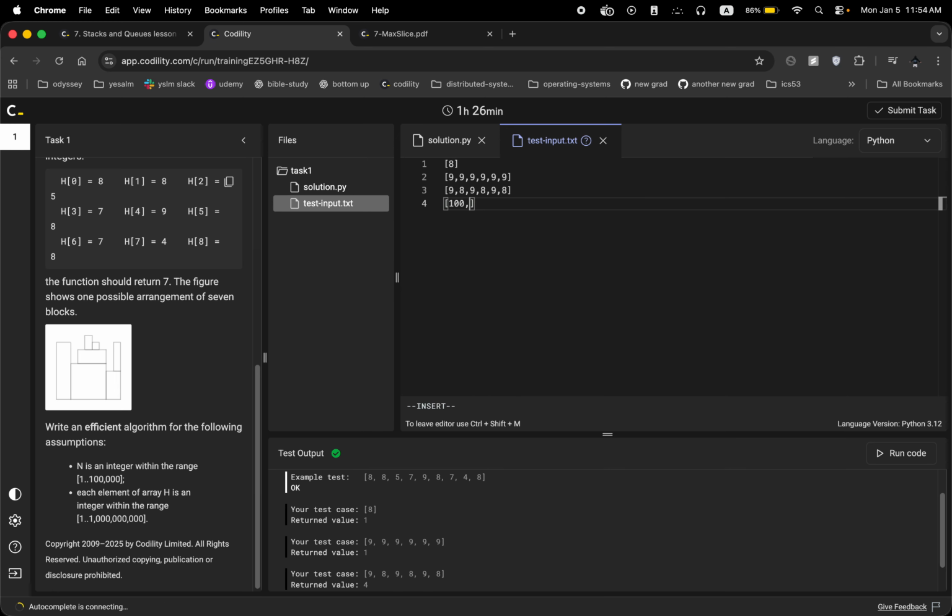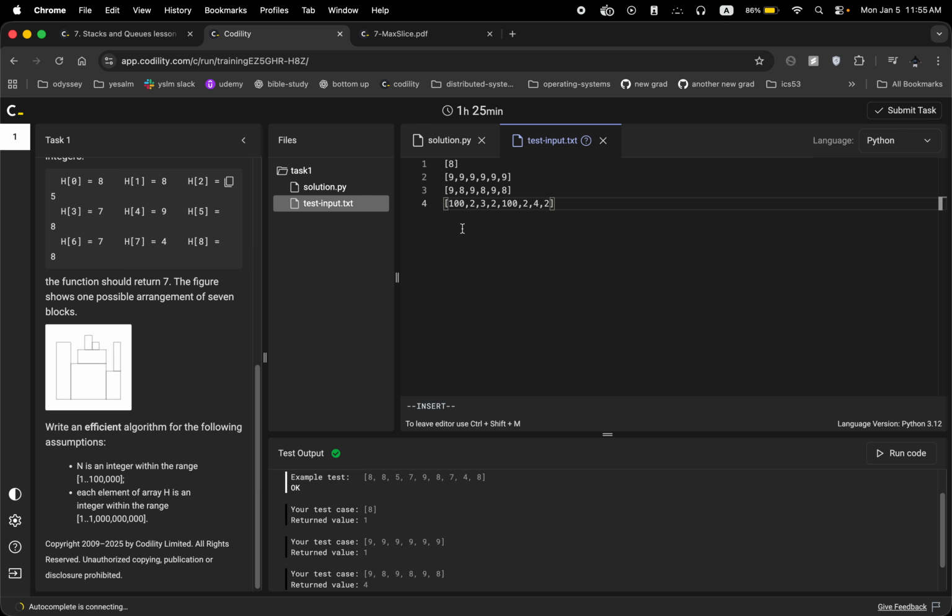What else? Like 100 height. You can't have negative heights. You can have like 2 height, I guess. And then incremental. No, actually 2 and then 100 and then 2 again and then another 4 and then 2.